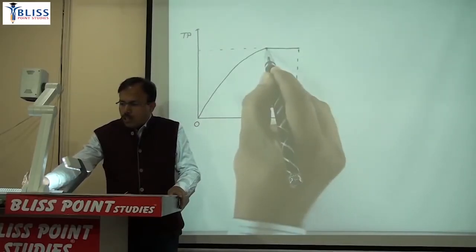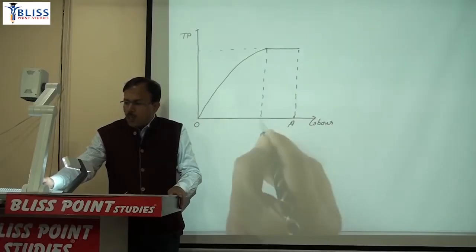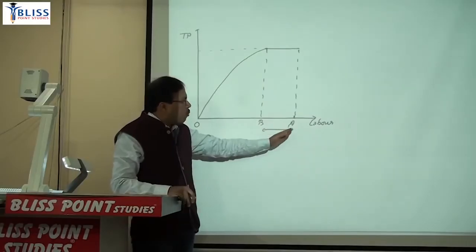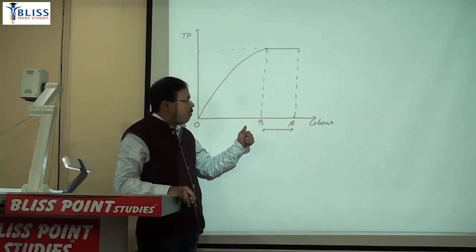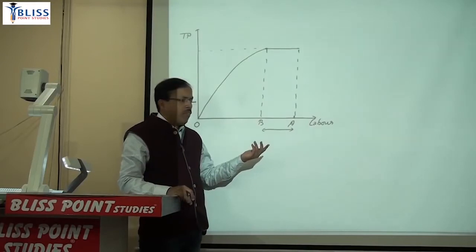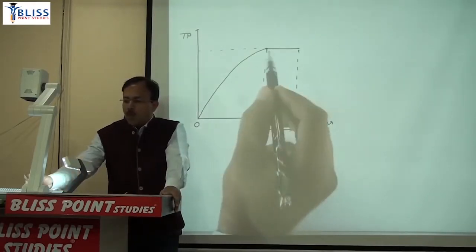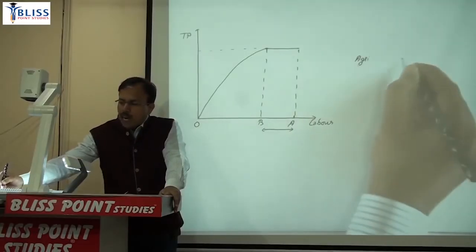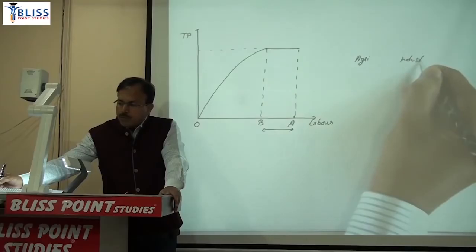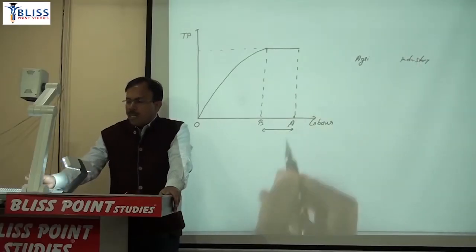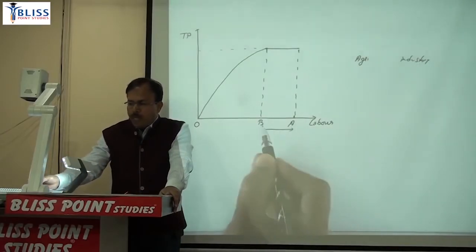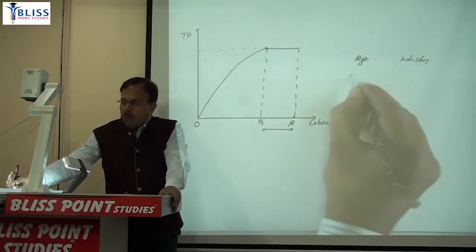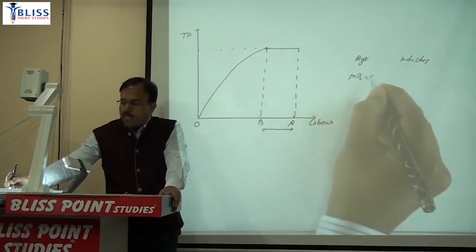So if labor from A to B moves away from agriculture to modern, what is the effect on output produced in agriculture? If you remove labor from A to B, there is no loss of output in agriculture, because marginal productivity of labor in agriculture was 0.